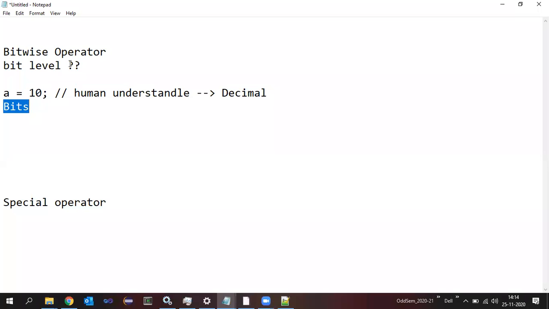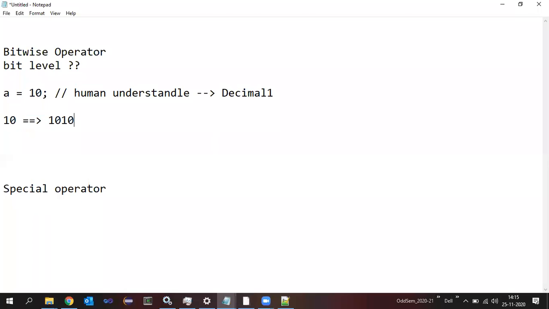Means if any number is there, its equivalent bits will be there. Can anyone tell me the binary equivalent of 10? 1010. Right? 1010 is the binary representation of the decimal number 10.